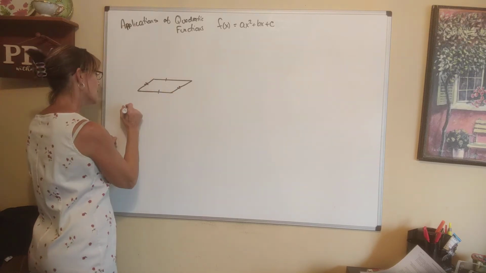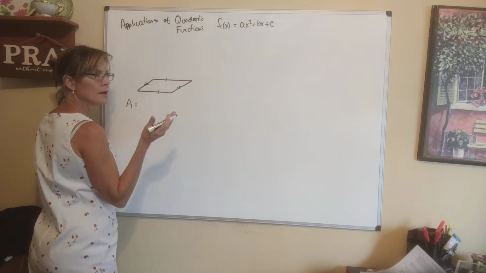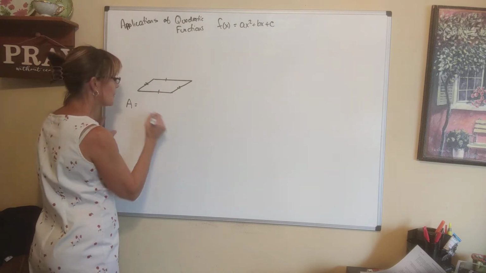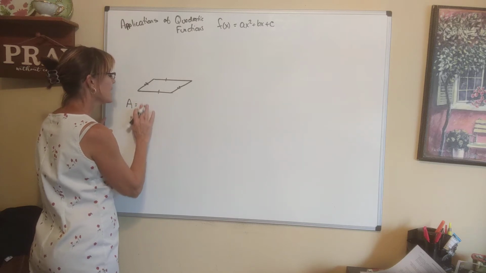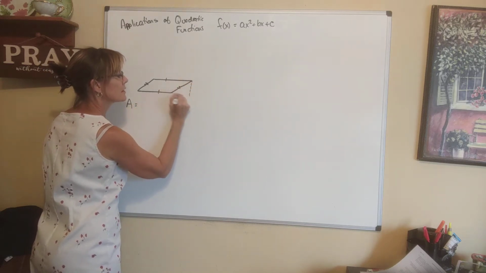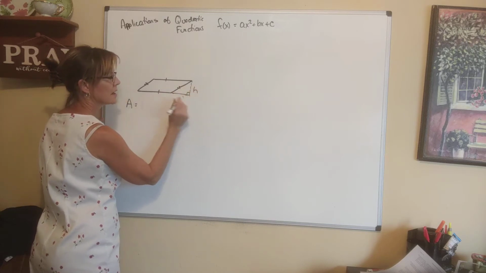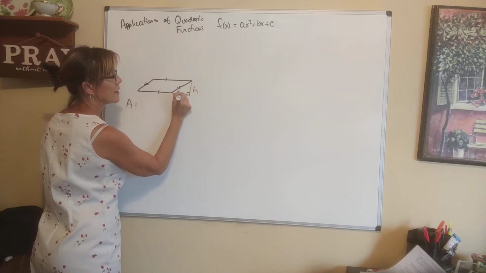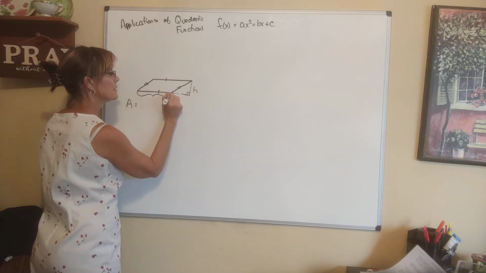And the area of a parallelogram is the same as it would be for any figure. It's base times height or length times width. But the height is not this. This is the height right here. This would be like a perpendicular that you pass down. That would be the height right there that you would have to figure out. But this right here is the base or the length.